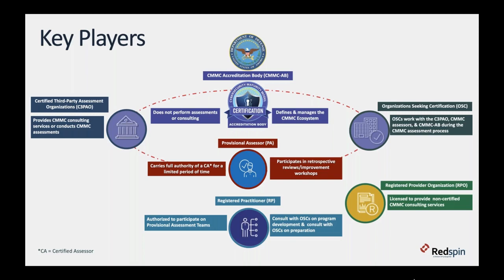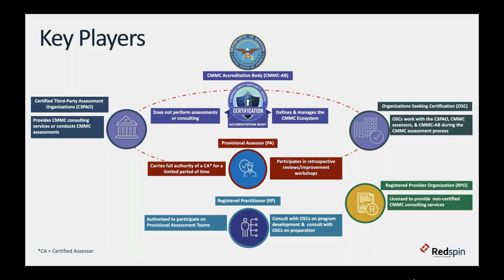You can see that the CMMC-AB is at the heart of the ecosystem. Up at the top, not the very top, that's the DoD, but you have the accreditation body there. In a sense, I see the CMMC-AB like a traffic cop whose responsibility is to ensure that the CMMC ecosystem is as viable as possible for all stakeholders involved.